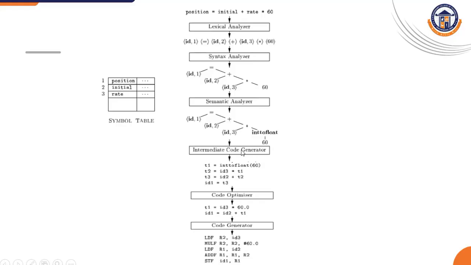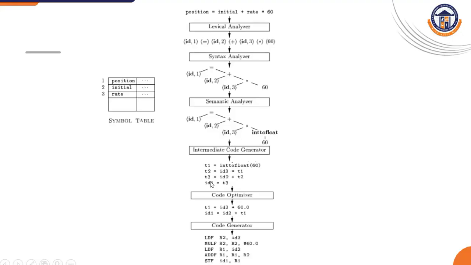This intermediate code generator generates a sequence of three address code. The first instruction, T1, performs the int-to-float operation: 60 is converted into float, and the result is stored in T1. Then T2 performs the multiplication of id3 and T1.